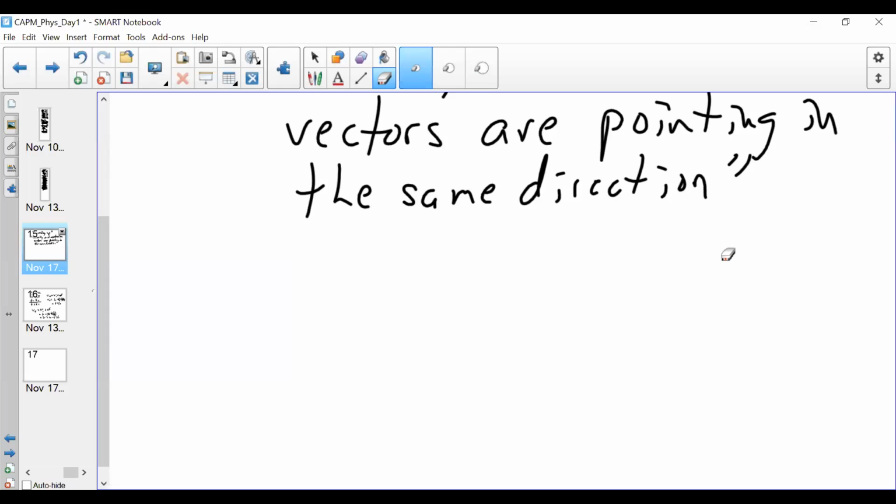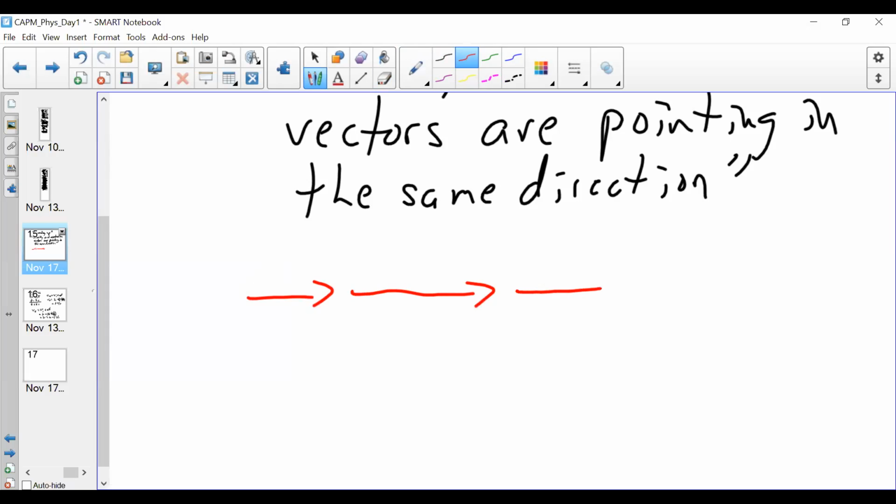So a way to depict that via a motion map is, let's say I do red for my velocity. So my velocity is getting larger and larger.